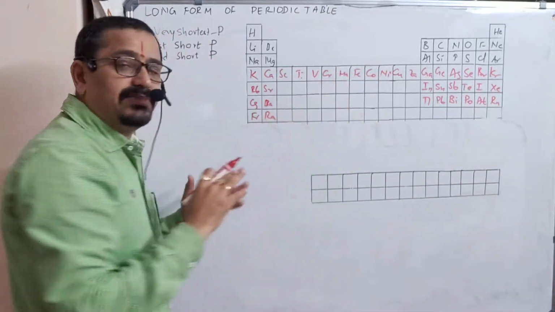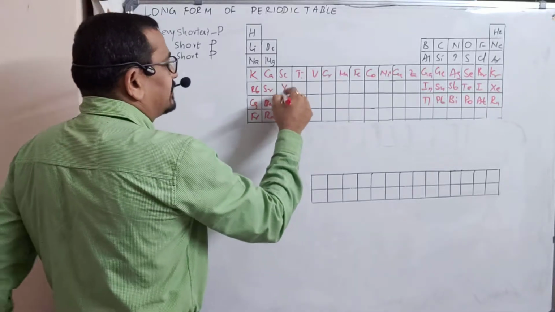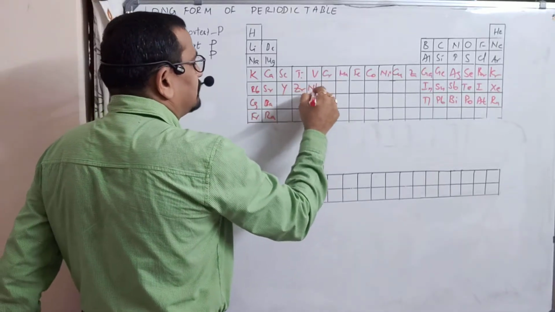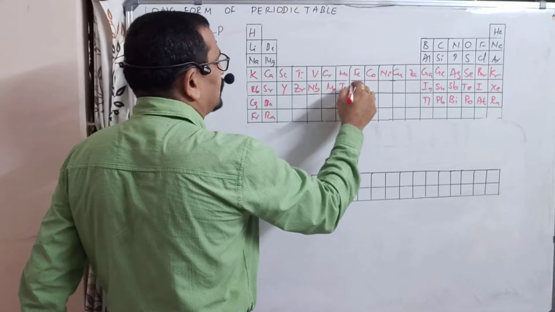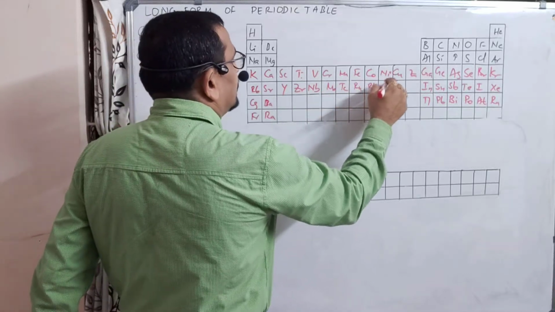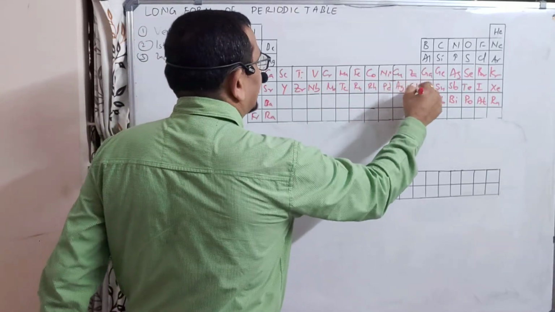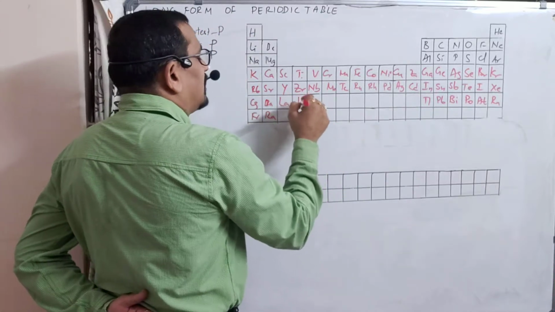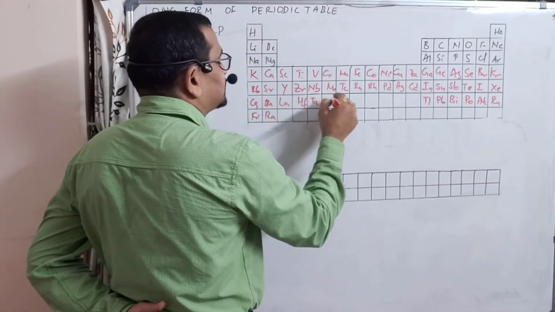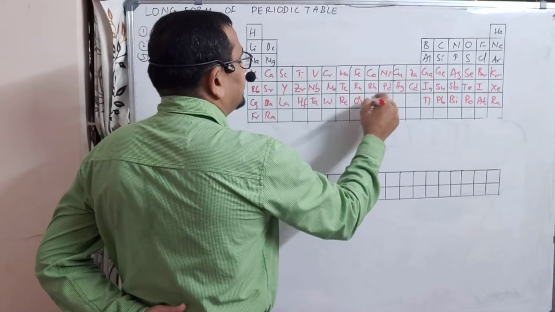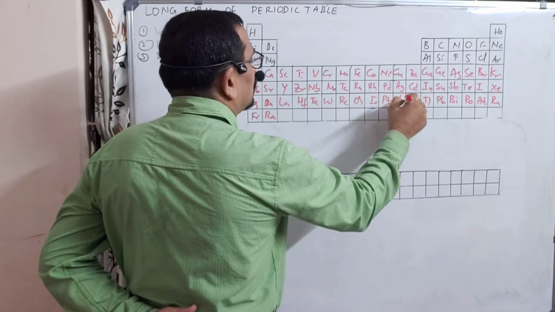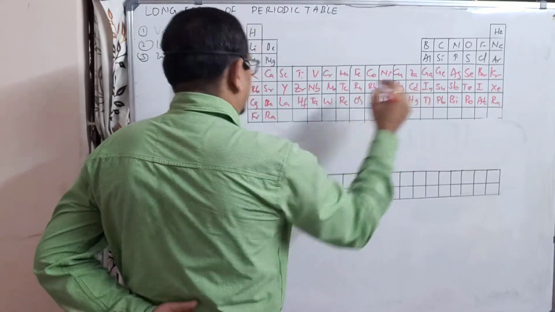And when it comes to the remaining D block elements: yttrium, zirconium, niobium, molybdenum, technetium, ruthenium, rhodium, palladium, silver and cadmium, lanthanum, hafnium, tantalum, tungsten, rhenium, osmium, iridium, platinum, gold and mercury.